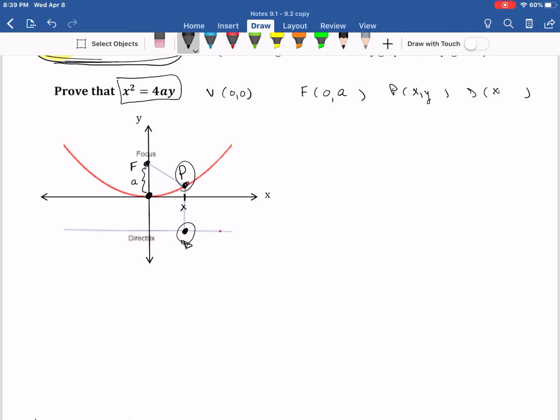Once you've decided X for point P, that's also the same X for point D because they're right above each other. Now the Y coordinate, remember the distance vertically down to the directrix line from the vertex, that's also A units. And so to plot point D, I would have to go to the right X and then down A units, down A, whatever A is.